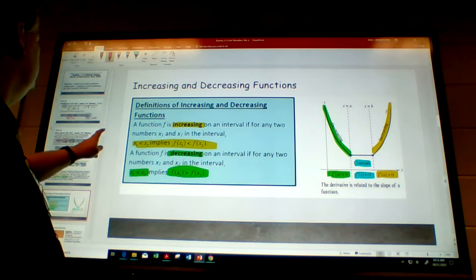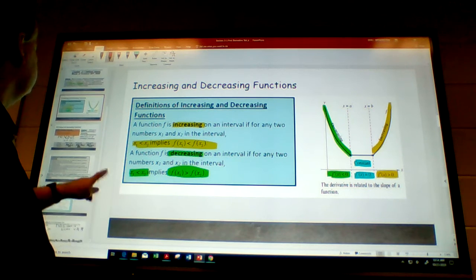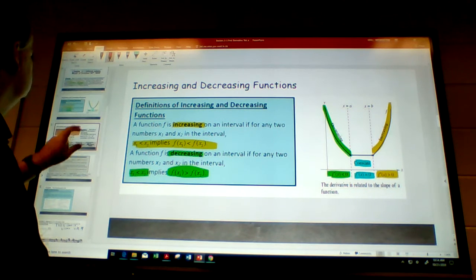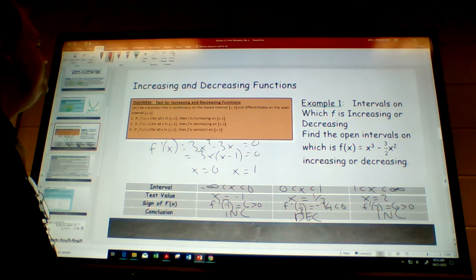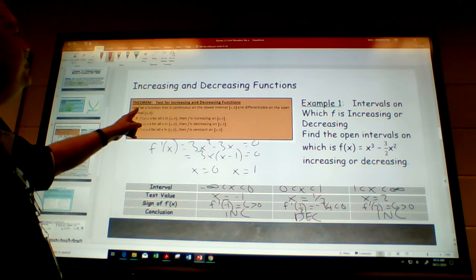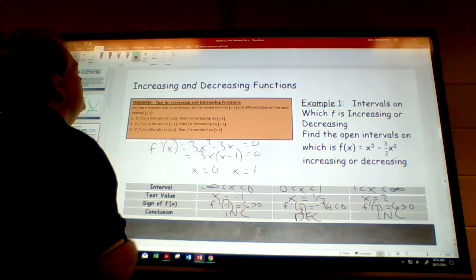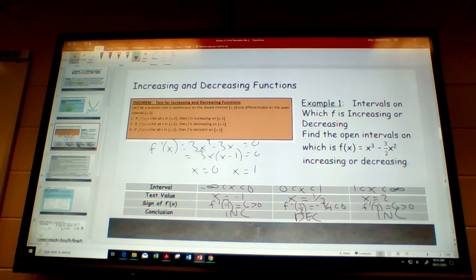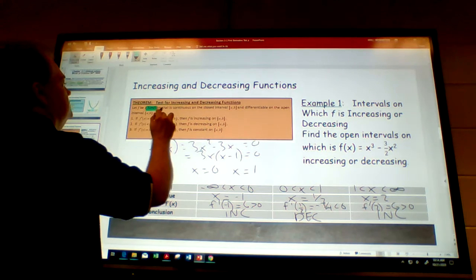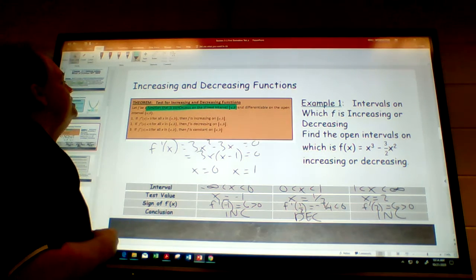All right, so now let's talk about increasing and decreasing functions. This is the theorem, and I'm going to highlight some key components. Let f be a function that is continuous on a closed interval and differentiable on the open interval.